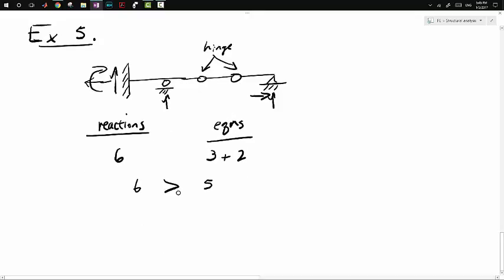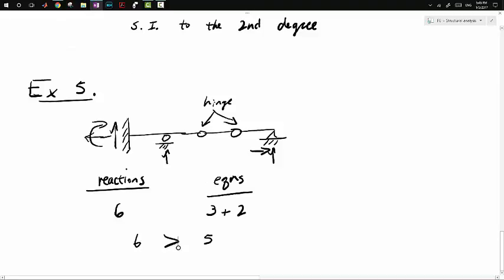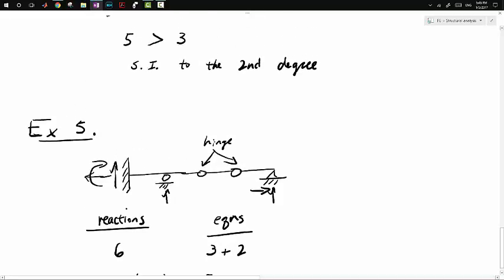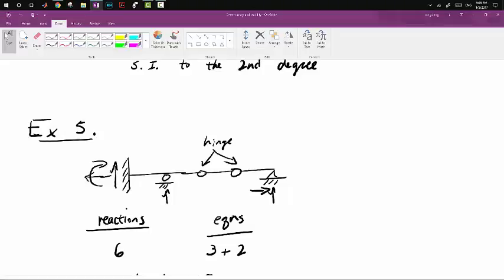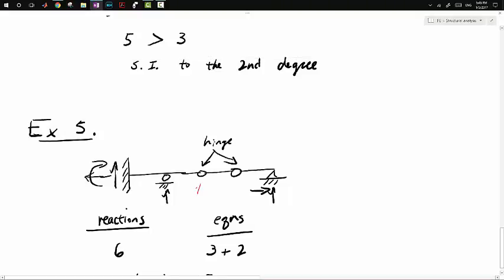However, this structure has an internal instability, and the reason for that is because of this guy, and this guy. When we look at that, just by visual inspection, we know that it's probably gonna sag here because of these 2 hinges.